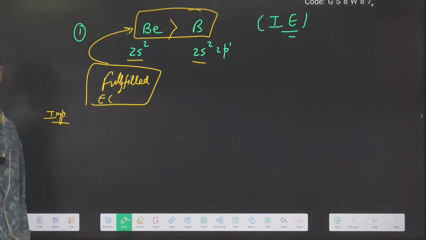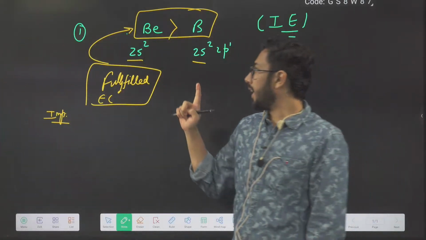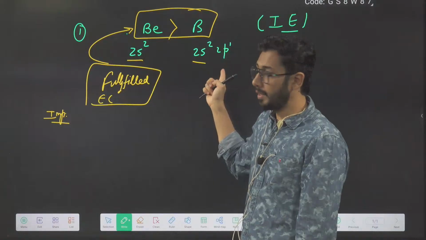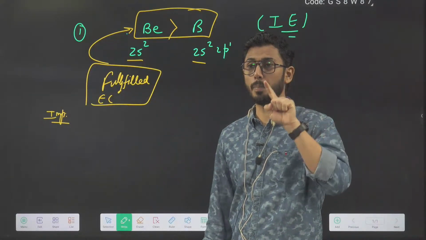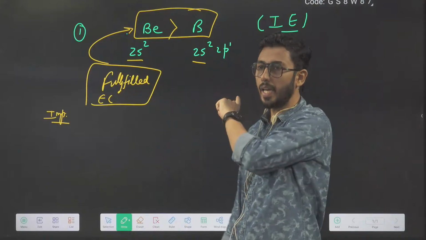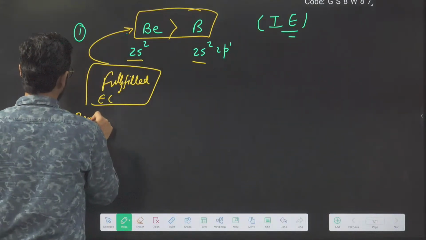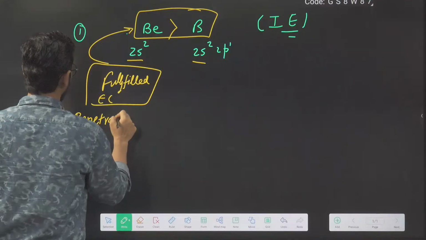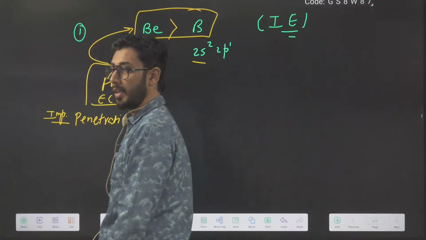here the last electron is in 2s2, and in boron the last electron is in 2p. Which electrons are more tightly attracted or more penetrated towards the nucleus? S orbital electrons. So the important reason is penetration power, rightly said by students Sai, Kirtini and Madhu.